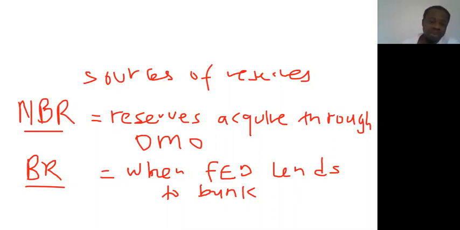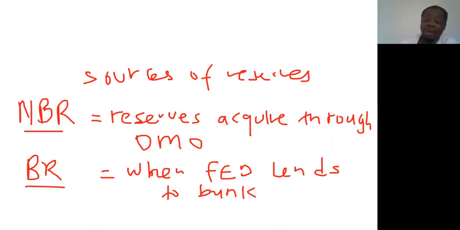Okay. And we also talked about the discount loans. That's when the central bank also decides to give loans to banks. Now, when the central bank gives loans to banks, it also increases our reserves. So when that reserves increment happens, the reserves also turn into borrowed reserves. So what we say is borrowed reserves is when the Fed lends to banks.